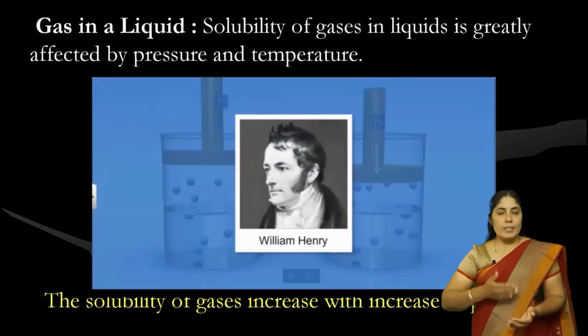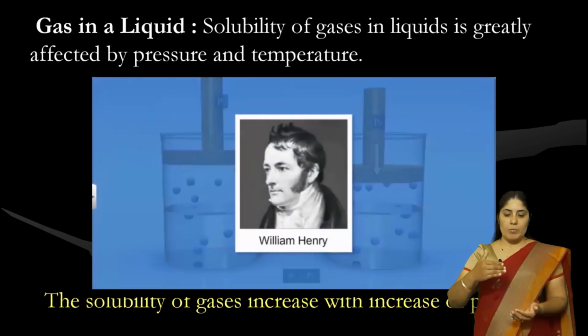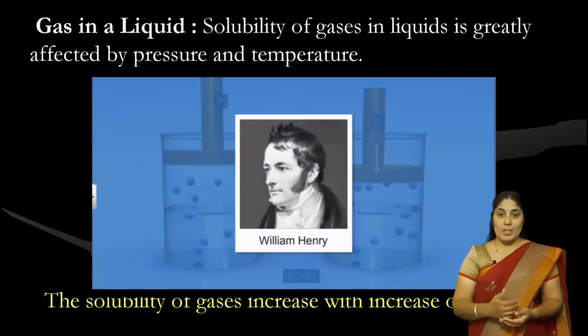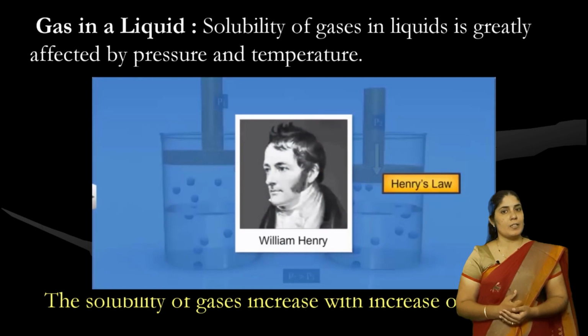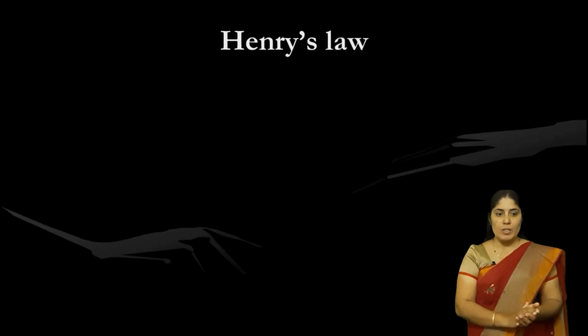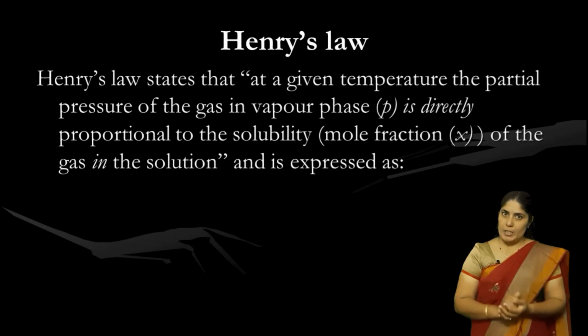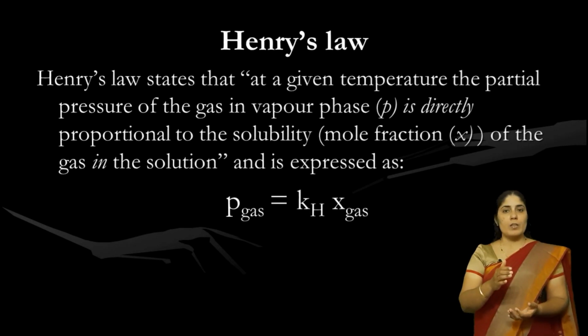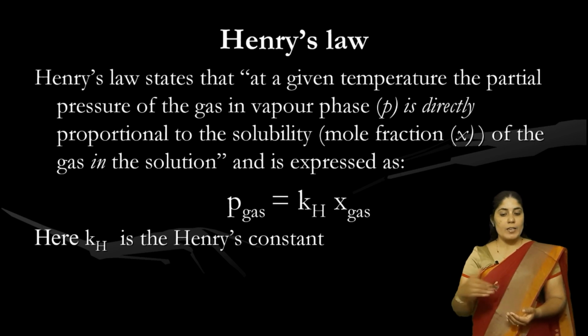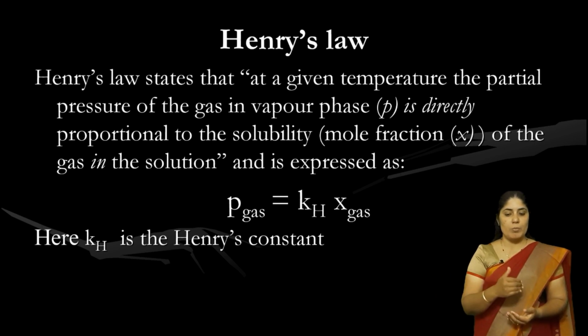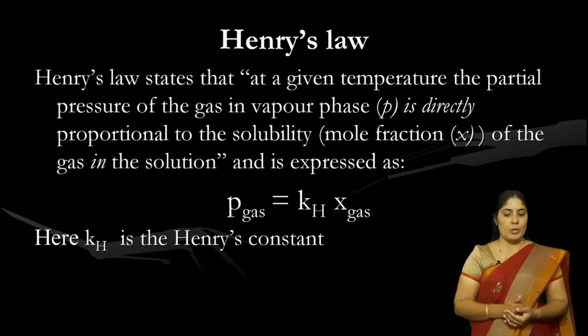Now, this effect of pressure on solubility was explained by William Henry. He quantitatively expressed the effect of the partial pressure of the gas being dissolved on its solubility in the liquid. Henry's law states that at a given temperature, the partial pressure of the gas in the vapor phase is directly proportional to the solubility of the gas in the solution.